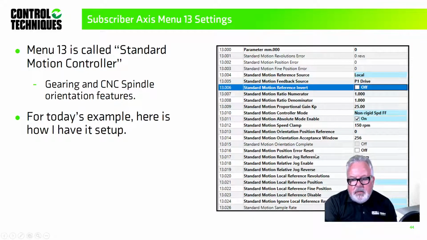Okay, so the rest of this stuff I'm all going to leave at default. The last thing I'm going to do is come to parameter 24. I have a single turn encoder on these demos, so I'm going to turn this on to enable the revolutions part of my position word that's coming over. So I'm going to turn on 1324.